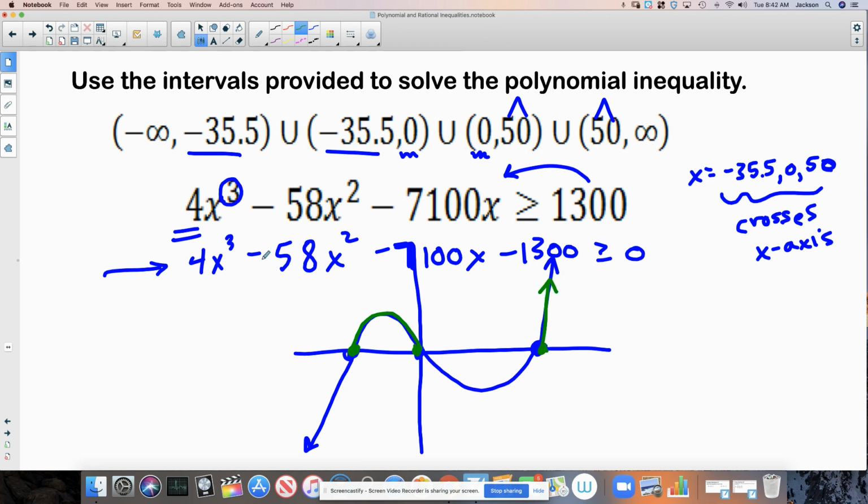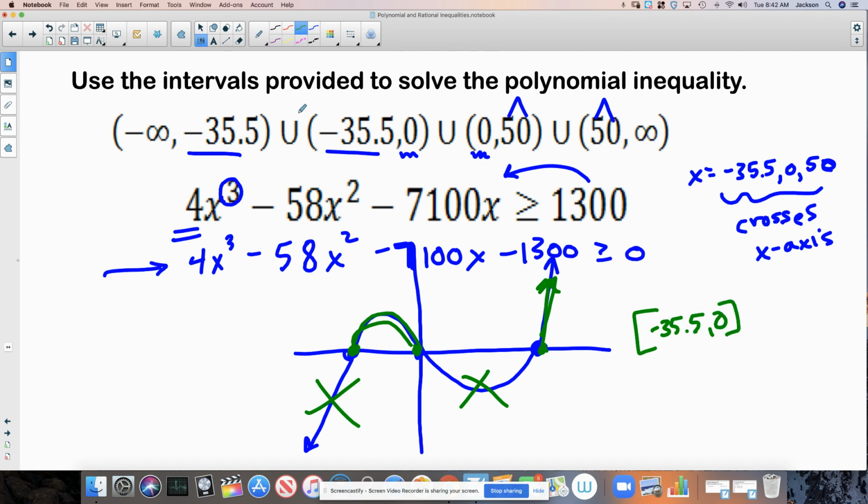So this interval from negative infinity to negative 35.5 is below the x-axis, so we don't want that. We want this interval. We don't want this interval. We do want this interval. So we see that alternate behavior like so. So the solution set here is from negative 35.5 to 0.